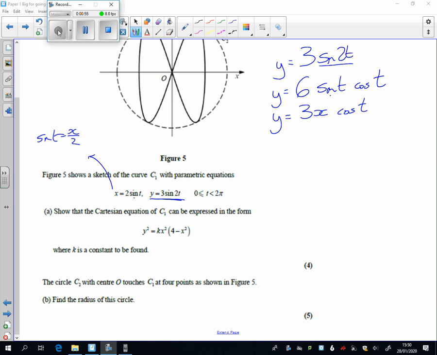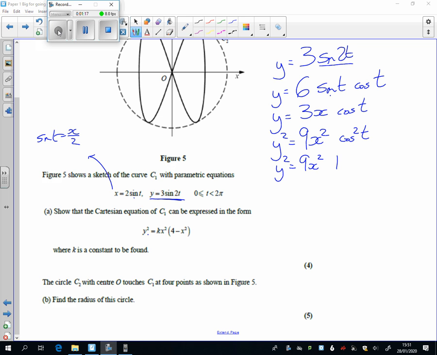Now you might notice the answer here has got a squared in it. So why not square everything? Let's square both sides. If I square that, I get y squared. I square that, I get 9 x squared and a cos squared t. And maybe that will remind you that cos squared t is 1 minus sine squared t.